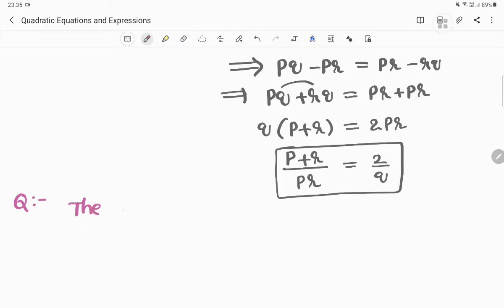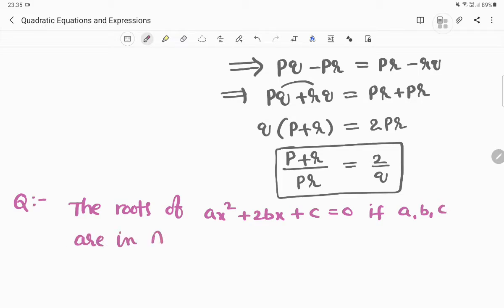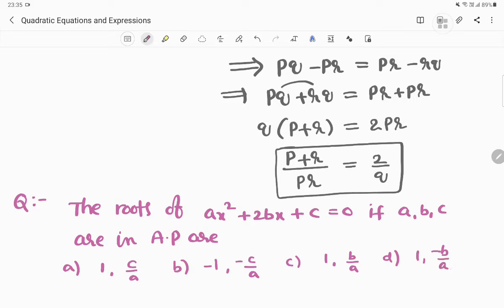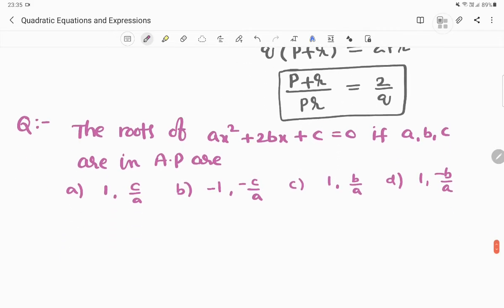The roots of ax square plus 2bx plus c equal to 0, if a, b, c are in arithmetic progression, are: options 1 comma c by a; minus 1 comma minus c by a; 1 comma b by a; 1 comma minus b by a. These are the options.